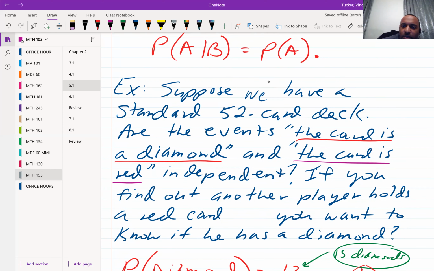I probably have to look it up in the book and see what it actually said, but I'm going to write it like this. So are the events, the card is a diamond and the card is red, independent? If you find out another player holds a red card, do you want to know if he has a diamond? Okay, let's just roll like that, see what happens. Somewhere I missed a word or two from the book, but it's all good.